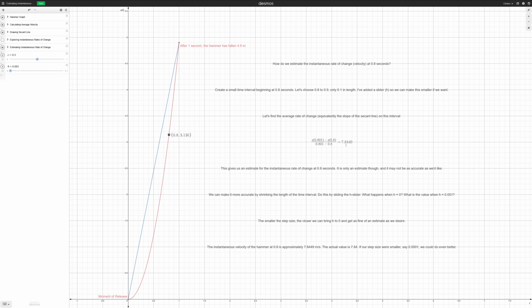Okay, so 7.8449. If we really wanted to, I think we could make this even smaller. Let's push Desmos. Here we go. With a lot of zeros here, what do we have? 7.8400002. So it really looks like the trend here is that if we kept making this smaller and smaller, it seems like it's approaching 7.84.